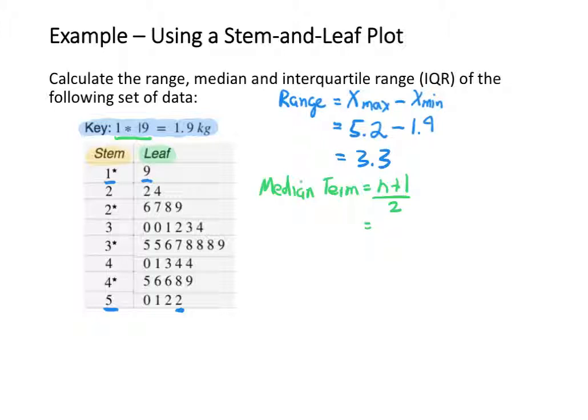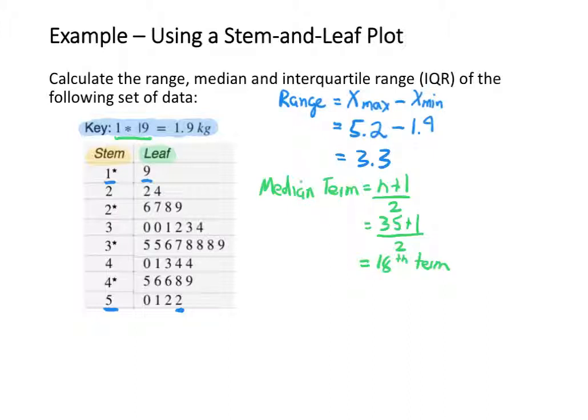Having counted all of the leaves, I know that I've got 35. So 35 plus 1 divided by 2. 35 plus 1 is 36, divided by 2 is 18. So I'm looking for my 18th term within the stem and leaf plot.